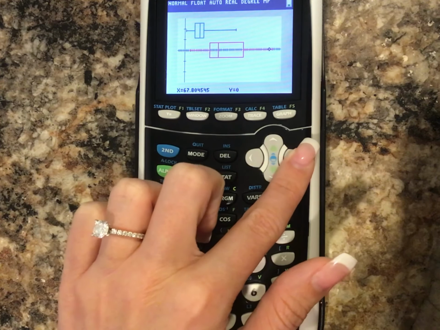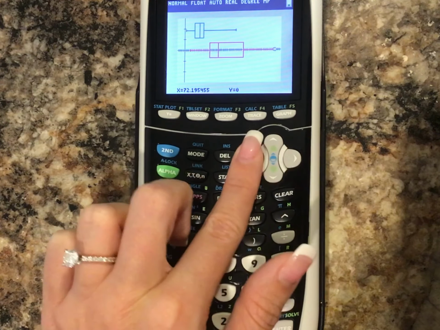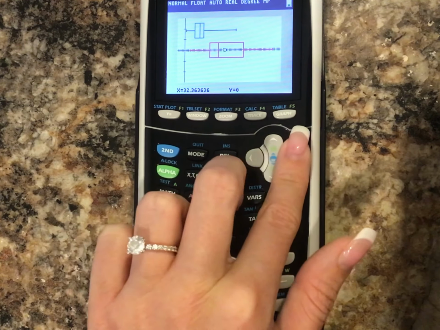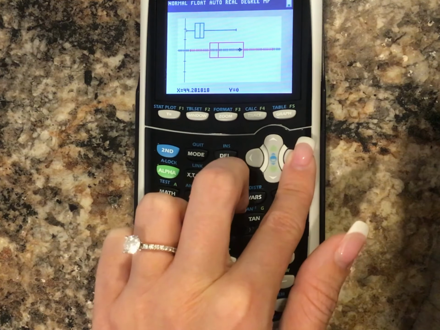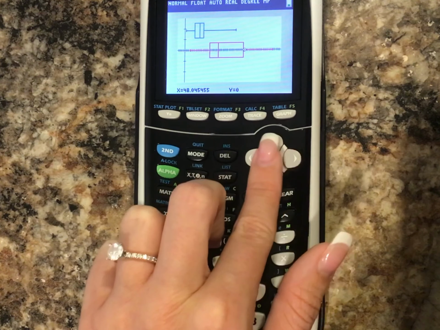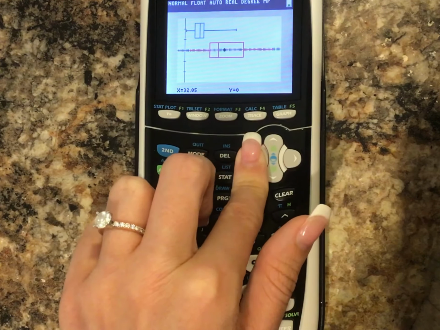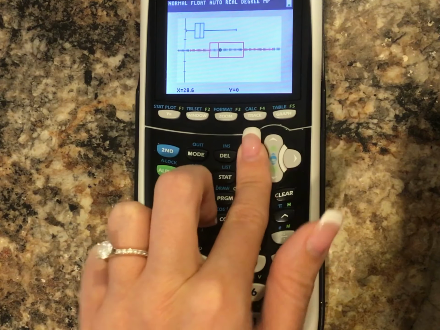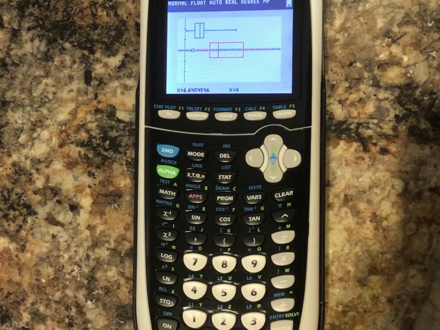If you wanted to see where the minimum and maximum values were, you can just trace along those lines. You can see how long your interquartile range is, because you can see what Q3 and Q1 are. And you can also see what the median is if you trace along. Okay, so this is how we get our box plots.